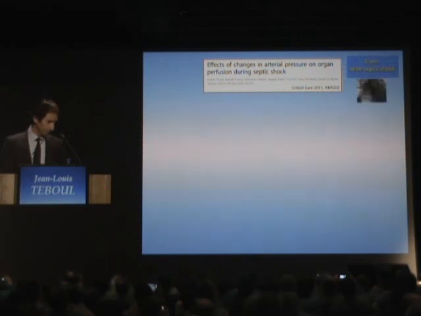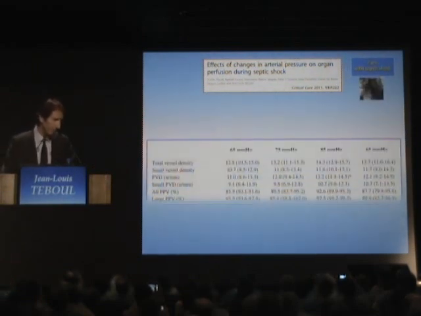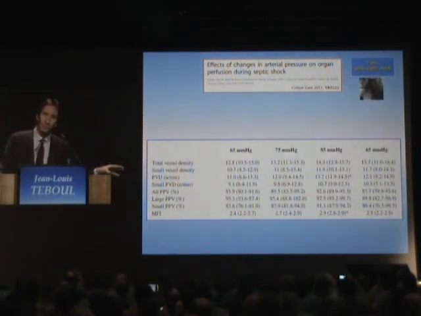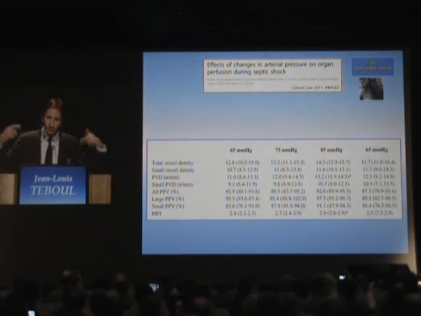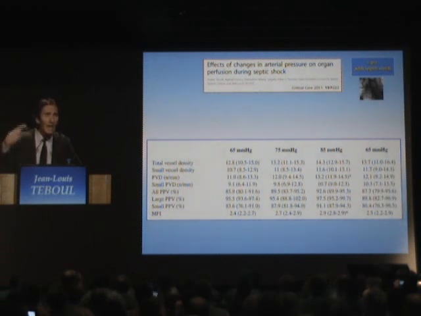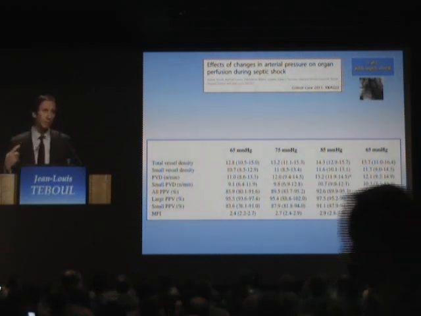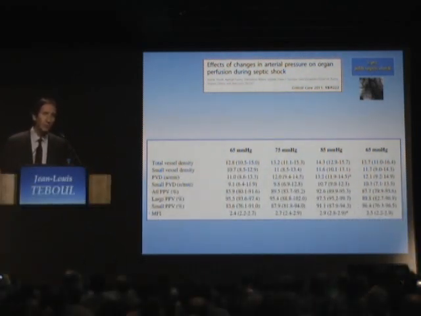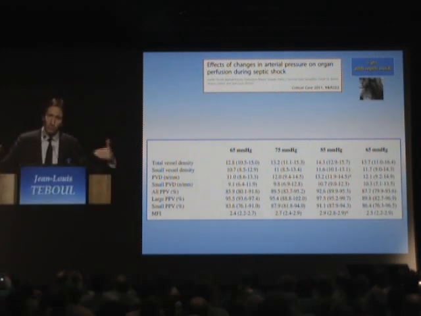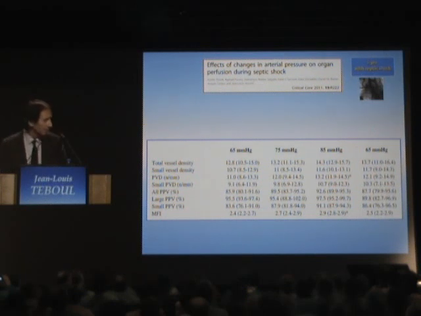And this was also observed in patients with an SDF device to assess the sublingual microcirculation. The same group did this study. They increased the dose of norepinephrine to achieve a mean arterial pressure of 65, 75, and 85 millimeters of mercury, and they measured all the SDF variables.